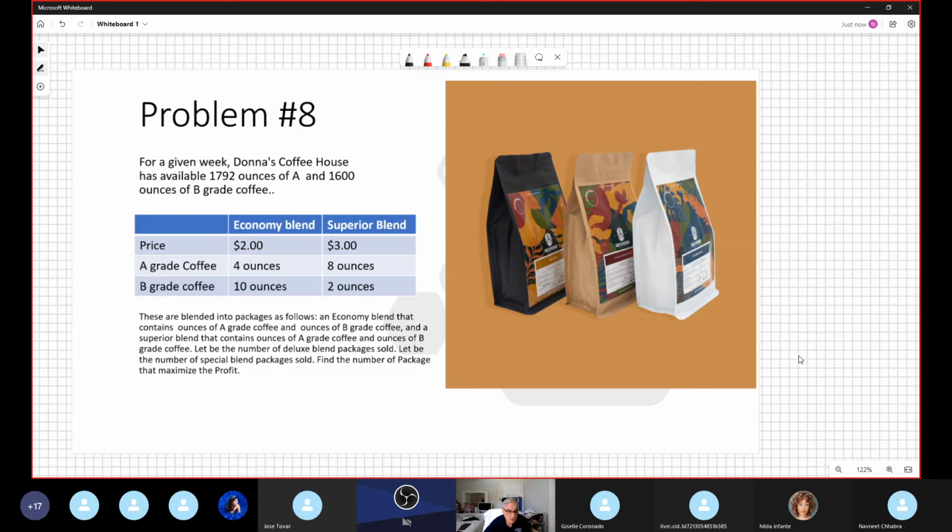We have 2 kinds of coffee, A and B. I suppose that A is better than B. I don't know. And 1,600 ounces of B grade coffee. It's not too much, but it's something.